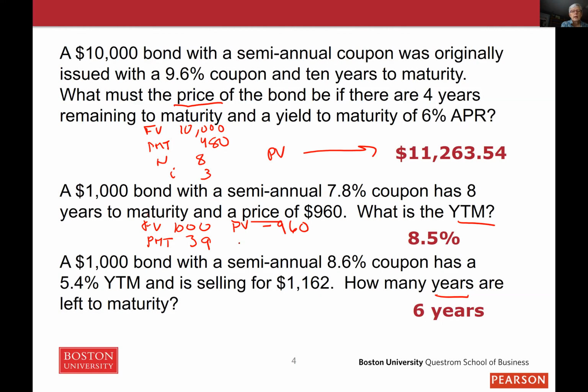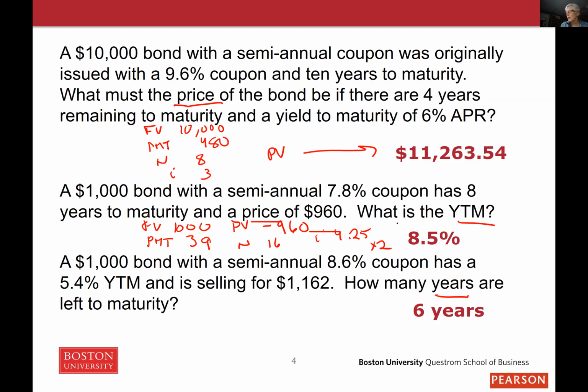And N is 16. Give me 1 sec to shut this door. You solve for I. And when you solve for I, you get 4.25 and you have to multiply it by 2.